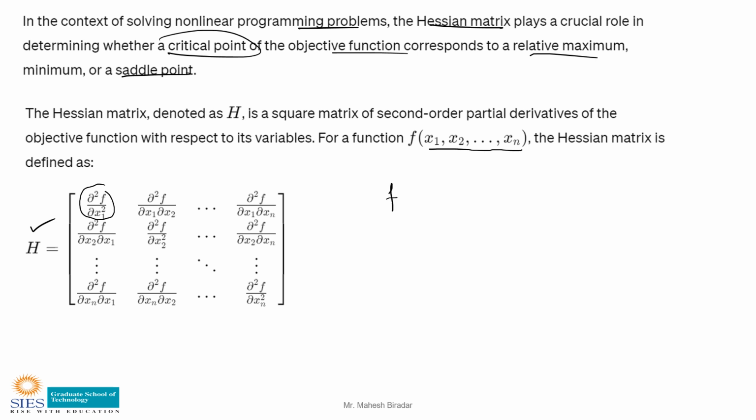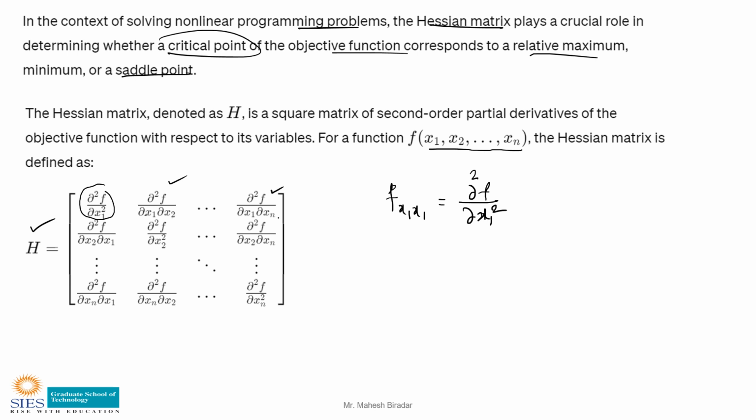We are going to differentiate f with respect to x1 twice, or you may write it as ∂²f upon ∂x1². Similarly, this is a double derivative of f with respect to x2 and then x1. In this way, we can differentiate f with respect to xn and then x1.